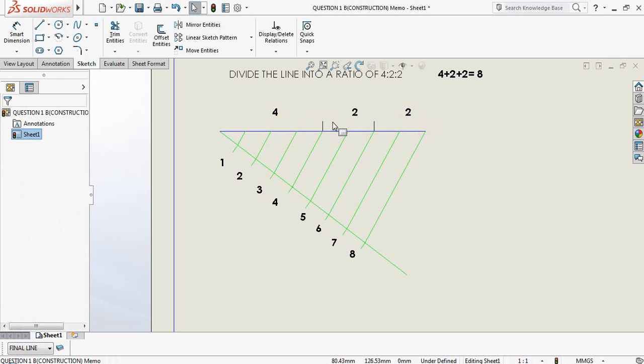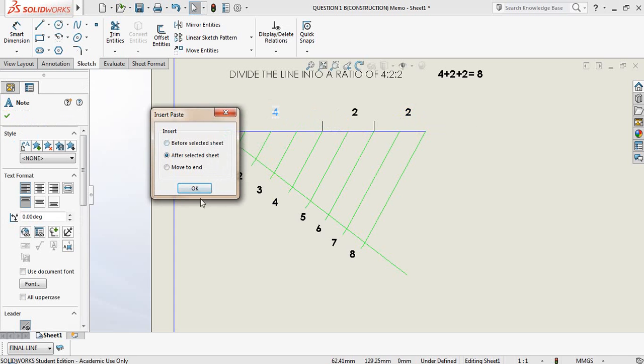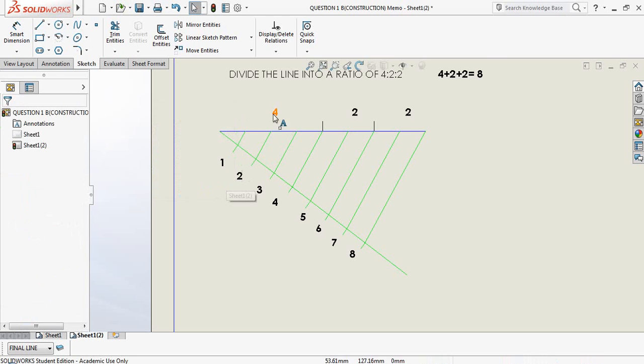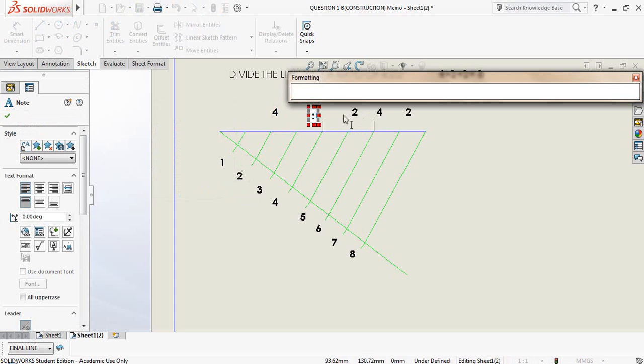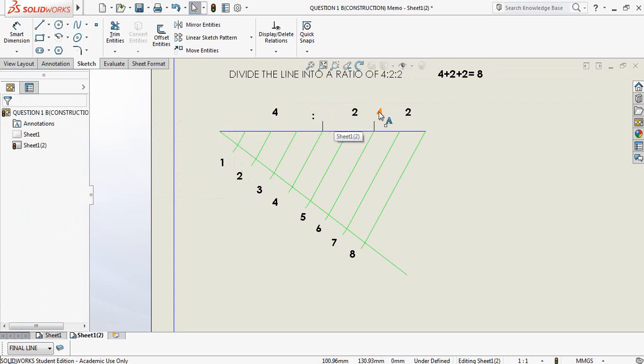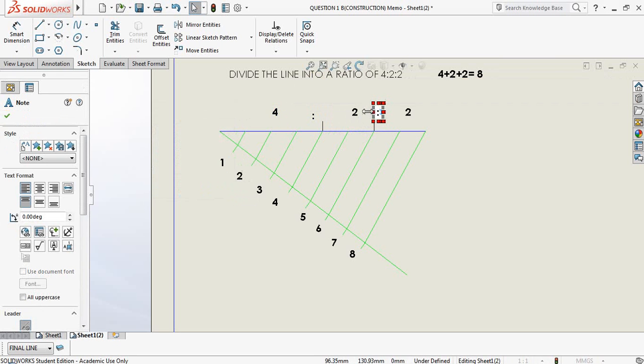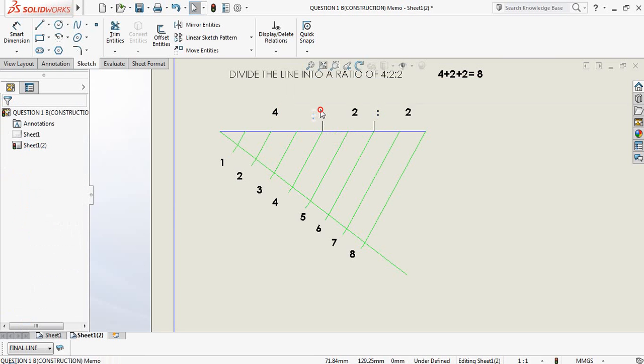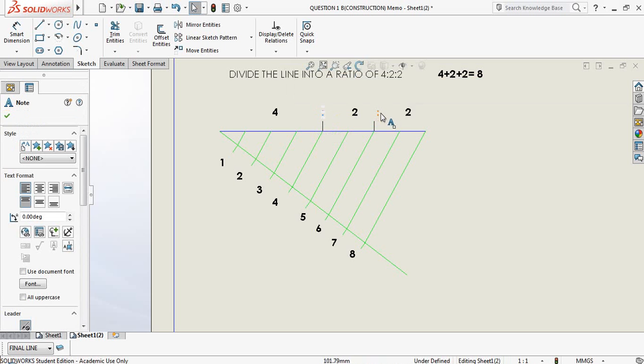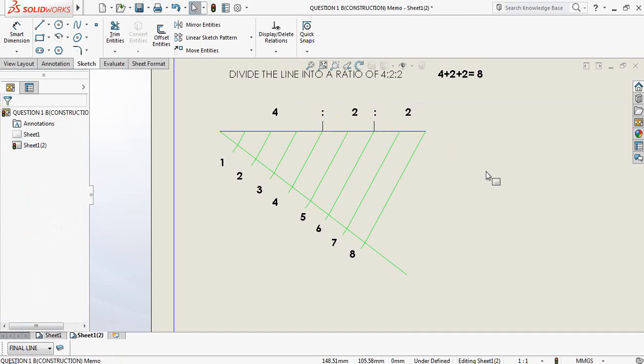And I must not forget that above each one of these lines, I need to include these colons.